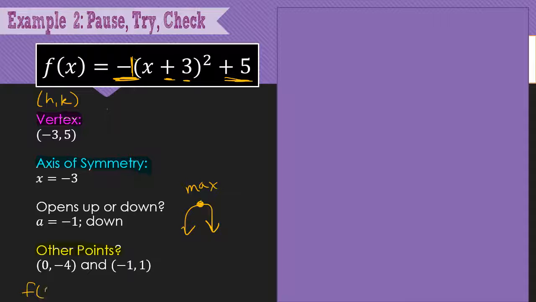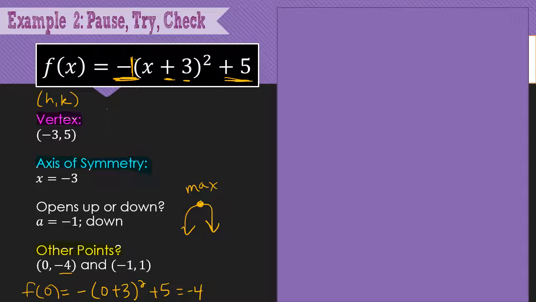So if I'm evaluating at f of 0, I'm going to have negative and then 0 plus 3 all squared plus 5. Using PEMDAS, parentheses first, 0 plus 3 is 3, 3 squared is 9, but it's negative. So negative 9 plus 5 is going to give me that negative 4. That's where that negative 4 is coming from.